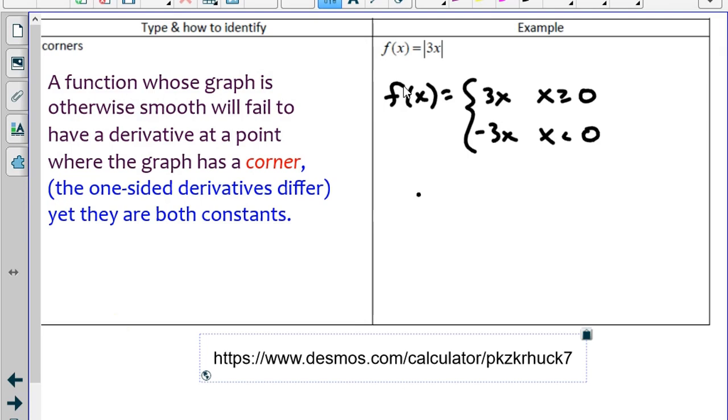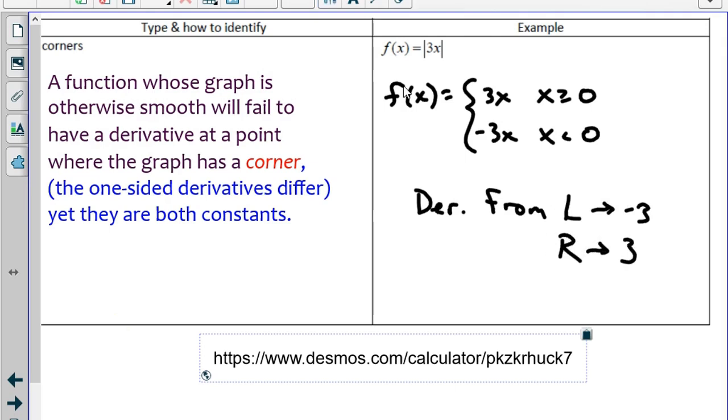I'm just going to tell you that the derivative from the left is -3 and the derivative from the right is +3. And so what's going to happen if we look at the graph of the quote unquote tangent lines of this is that it's going to have two different horizontal lines.